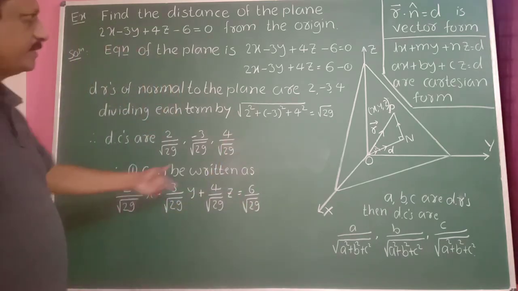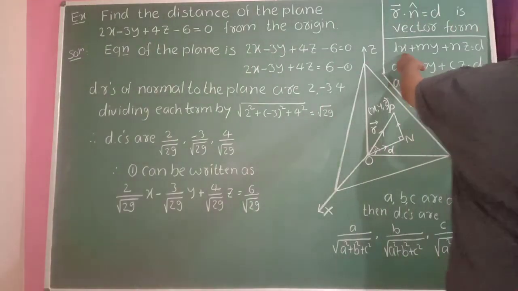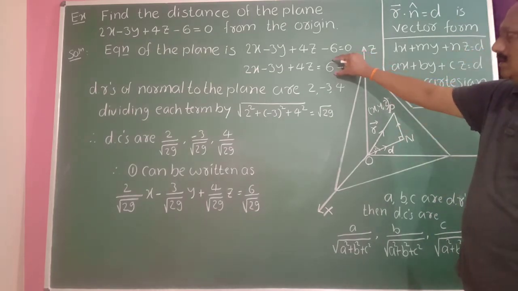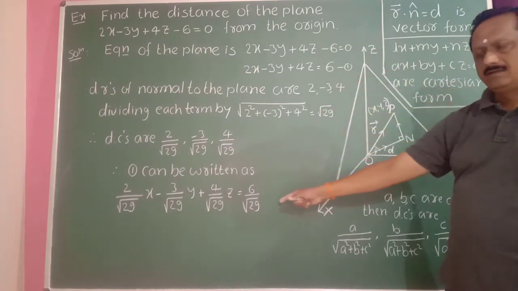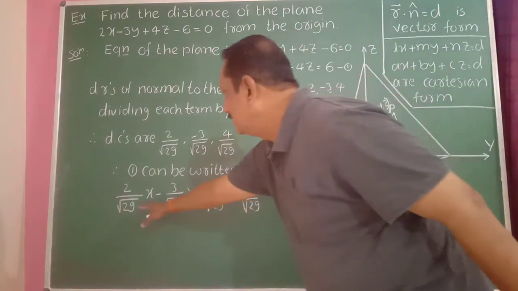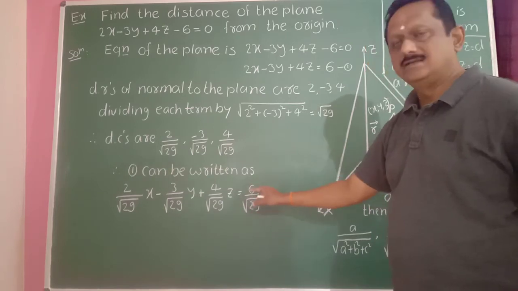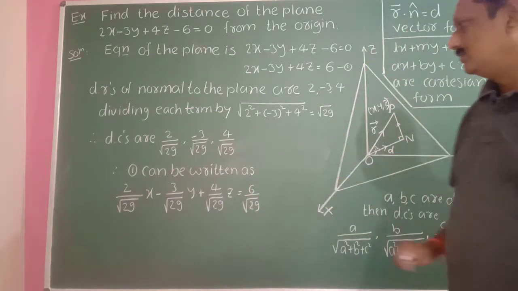So this is in the form lx plus my plus nz equal to d. Just dividing both sides by root of 29, we get this. Therefore, these are direction cosines now, and this becomes the distance of the plane from the origin.